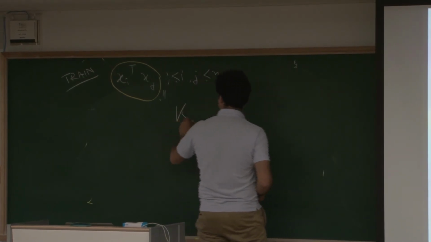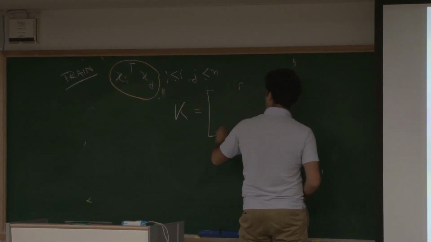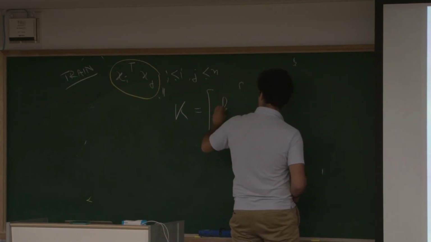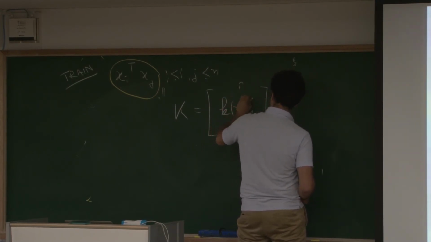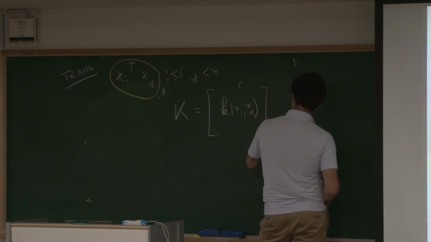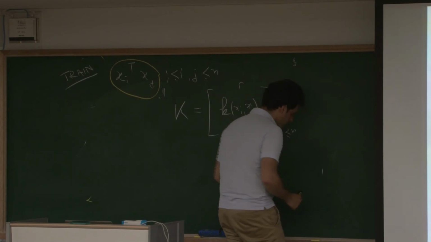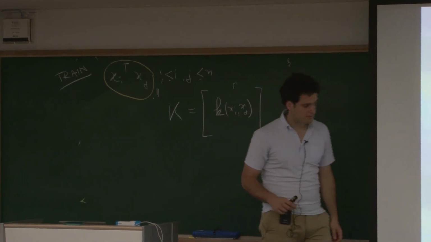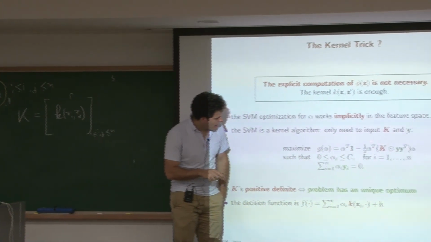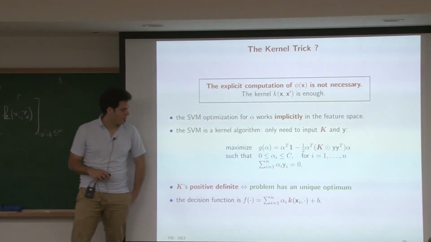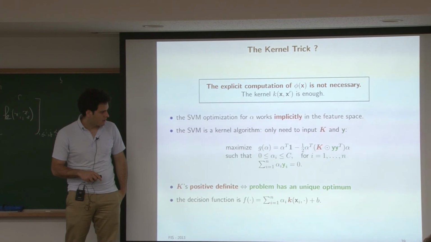So this is called the gram matrix. So this is a symmetric matrix. And then you see that here I have a problem which only depends on this gram matrix.